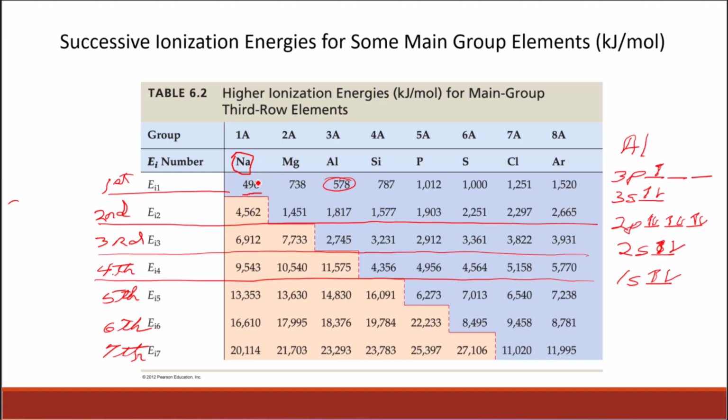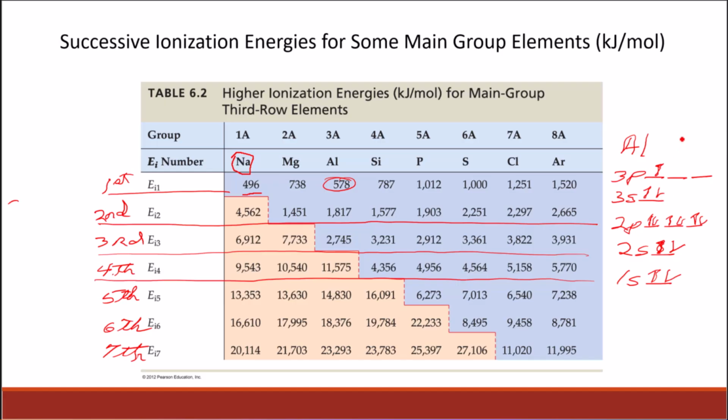As we go across the periodic table, the effective nuclear charge increases. So now magnesium is going to be a little bit higher ionization energy, first ionization energy, than aluminum. And the reason is that magnesium has the 3s filled subshell, and so that makes it more stable.